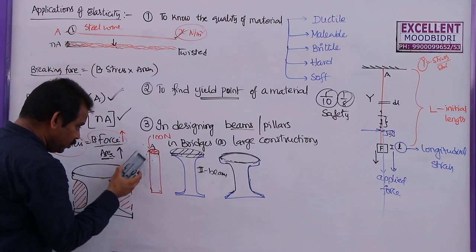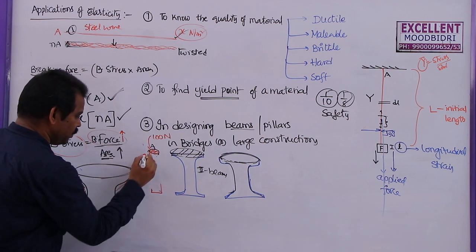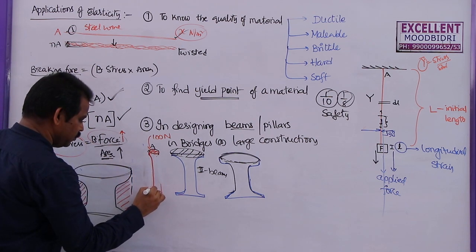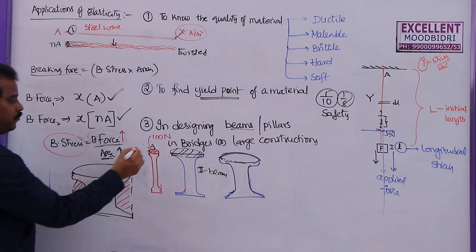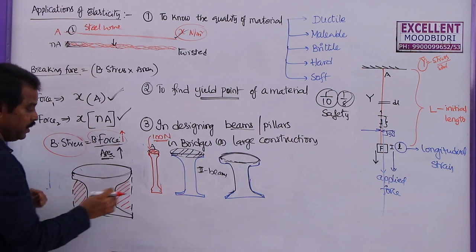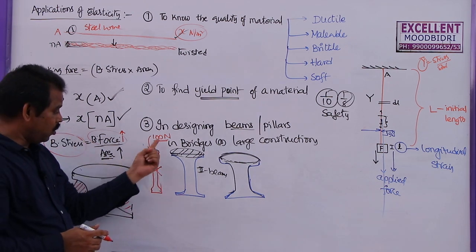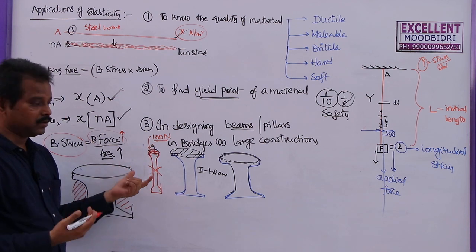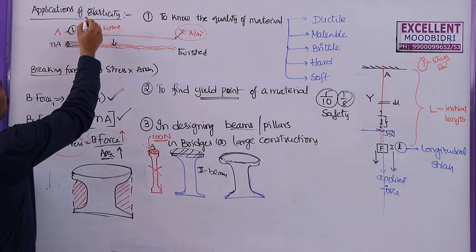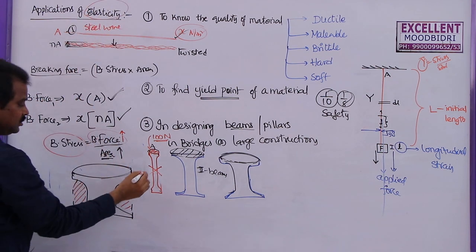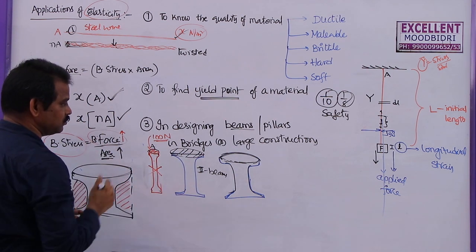Now if you reduce the mass at the middle, not too much, they can bear the same amount of force, 100 newtons only. If it is too small, then it may break here. So at what load this I-beam may break, we have to calculate before manufacturing this. That is possible only by studying the elastic property of the material that we are using in constructing these I-beams.